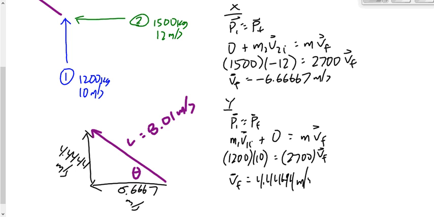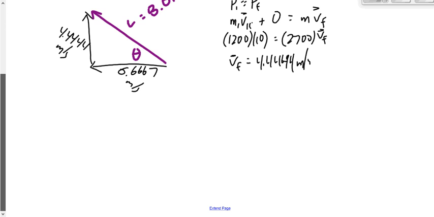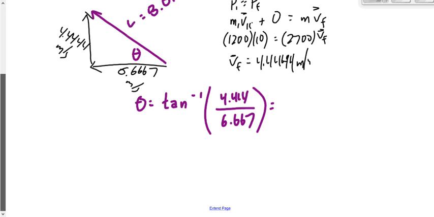Let's do this because some people have a little bit of trouble with trig here. The inverse tan, theta is the inverse tan of opposite over adjacent. Opposite is 4.44 over 6.667. I get 33.7 degrees.